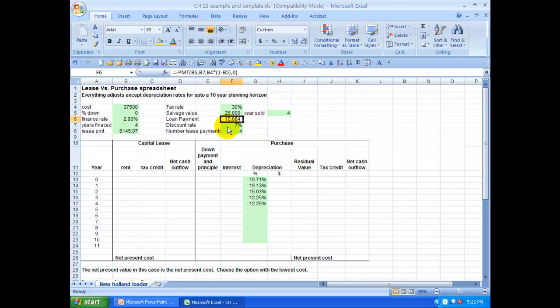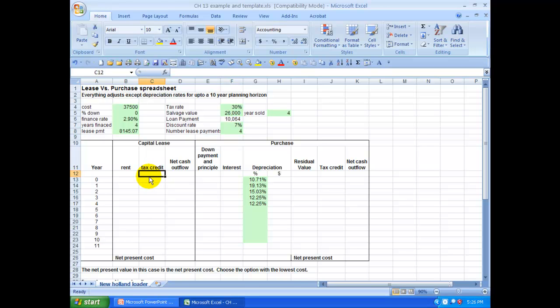Our loan payment, we're going to calculate that, is based upon the rate of 2.99% for 4 periods, and the present value is that original cost multiplied by 1 minus the percent down. Our discount rate is 7%, and then for our lease, a lease payment of $8,145.07, and the lease payments are 4.